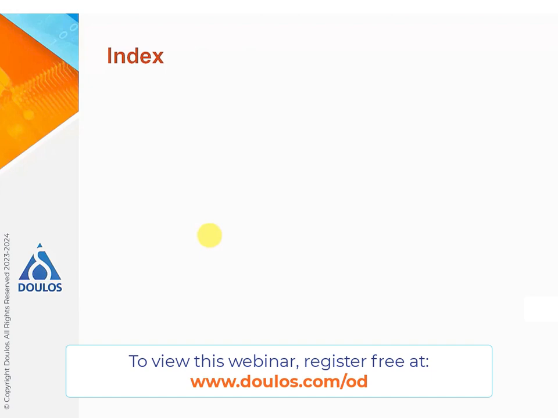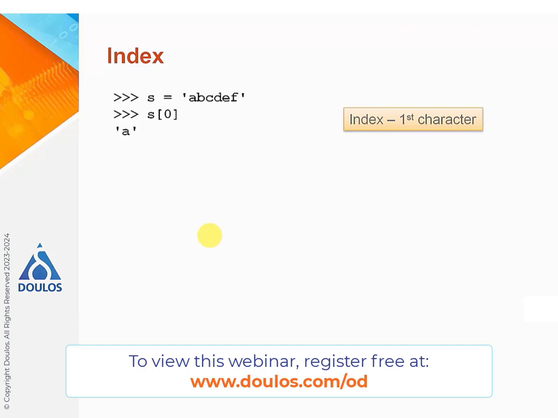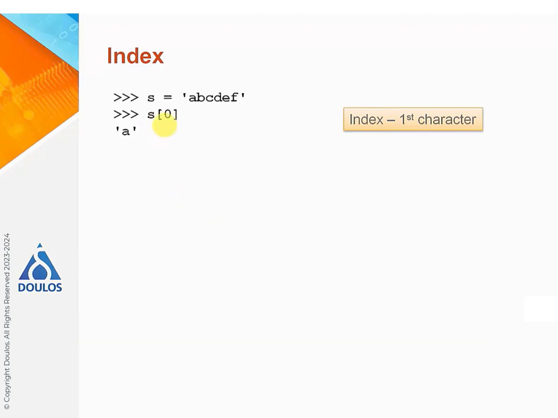One very common and useful string operation is the index operation. The index operator is like an array index in C. It's an index number enclosed in square brackets. So here we've got a string, A, B, C, D, E, F. That string is an object that's been bound to a variable s, and we're then using the index operator on that variable. So s[0] is going to return the first character of the string.